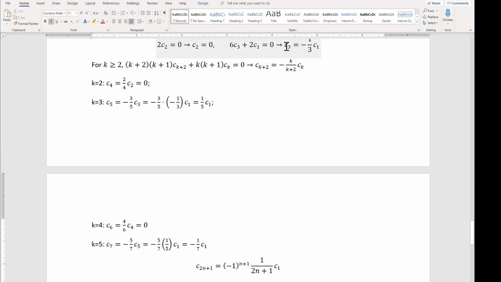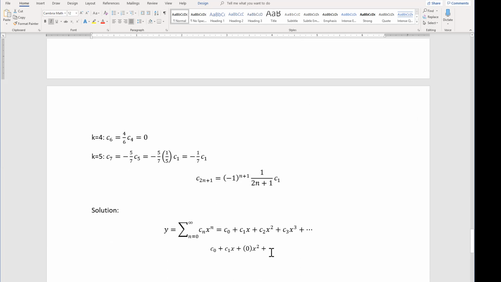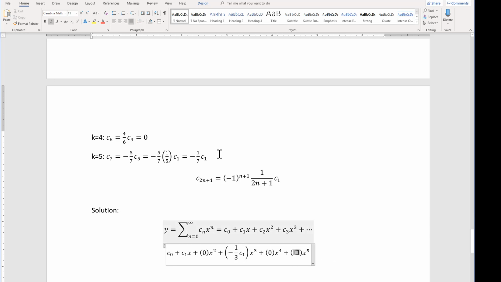What's c sub 3 equal to? Do we get a value for c sub 3? C sub 3 is negative 1 over 3 c sub 1. So negative 1 over 3 c sub 1 times x to the third power, plus c sub 4, which is equal to 0, plus c sub 5. What's c sub 5 equal to?